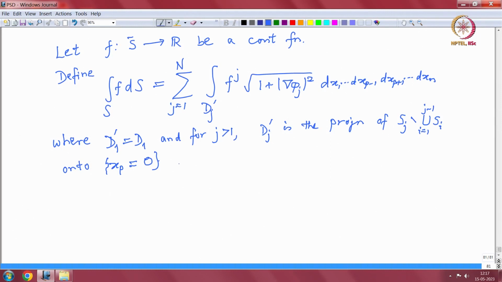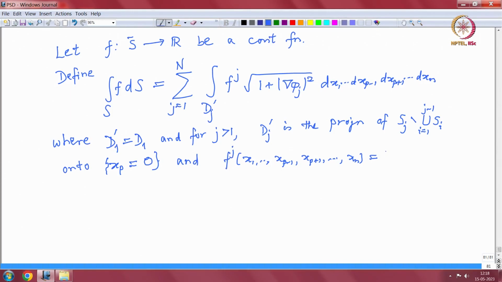And what is this fj? So fj is more generally defined on Dj. So fj of x1, xp minus 1, xp plus 1, xn is equal to, I have used superscript, so let me just continue with that, fj.